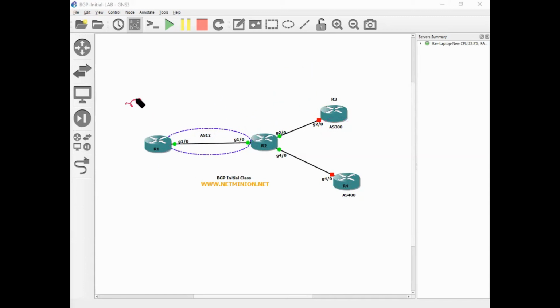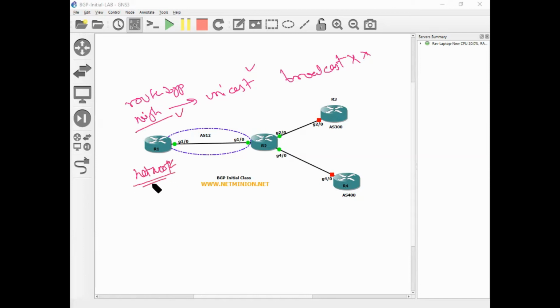To configure it, I need to go on to router BGP. Under router BGP, I need to use the neighbor command, because it is unicast, not broadcast. BGP doesn't use broadcast, it will use unicast. So the neighbor command is important over here. The network command, as we used in our different protocols, initiated the interfaces coming into that network to send the broadcast.